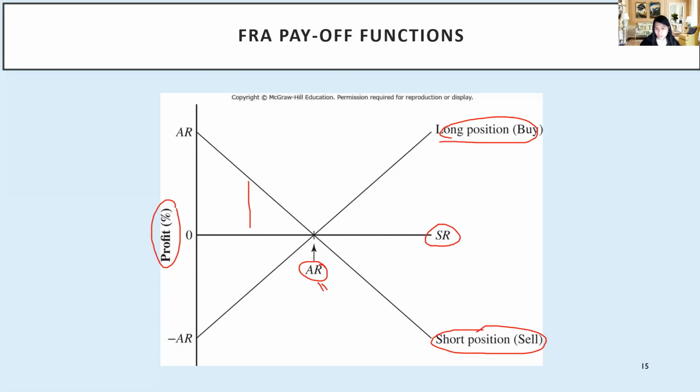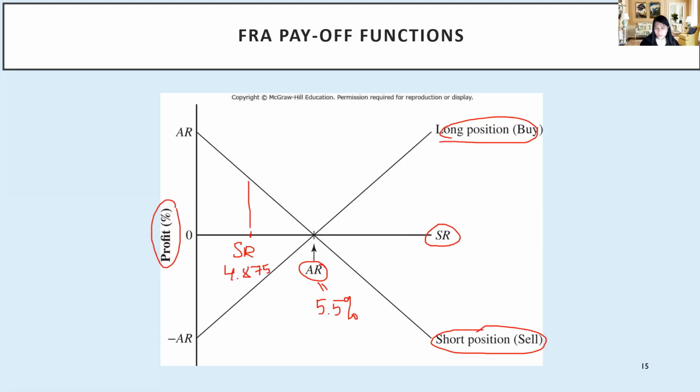In this graph, the agreement rate is 5.5 and the settlement rate is somewhere on the left, 4.875.